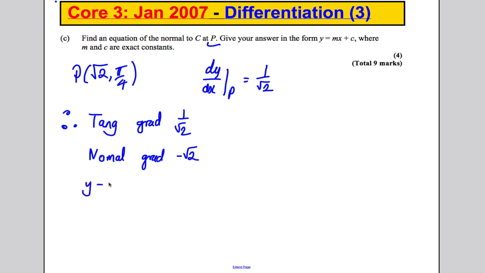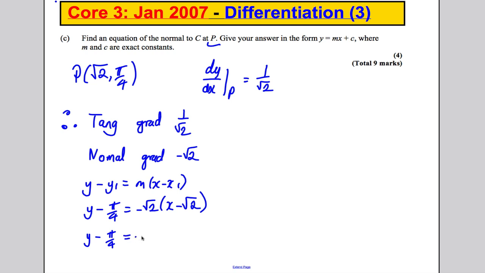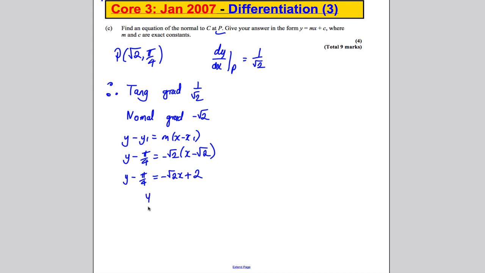So we can use y subtract y1 is m(x subtract x1) for the equation of the normal. So in particular, y subtract pi by 4 is negative root 2(x subtract root 2). We want it in this form here. So y subtract pi by 4, multiplying that out, would be negative root 2x plus 2. And making y the subject of the formula, y would be negative root 2x plus 2 plus pi by 4. And so m is negative root 2, and in particular the c is 2 plus pi over 4, and you're done.